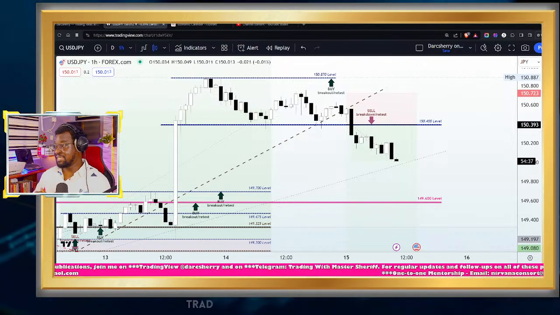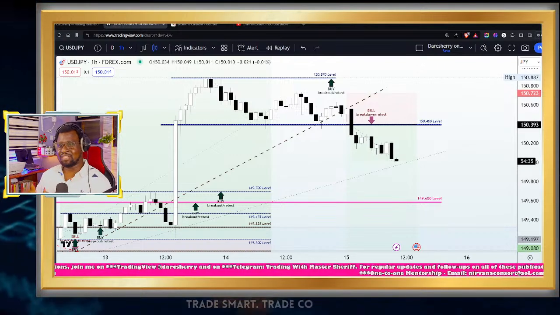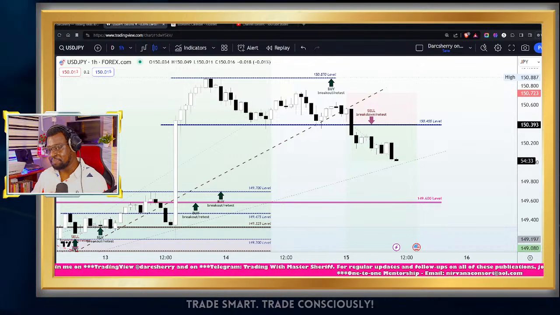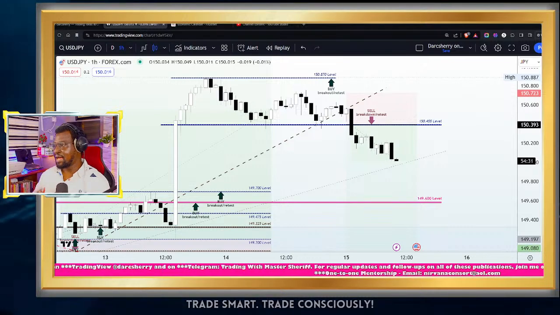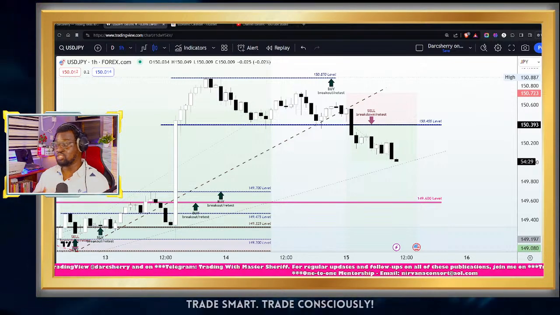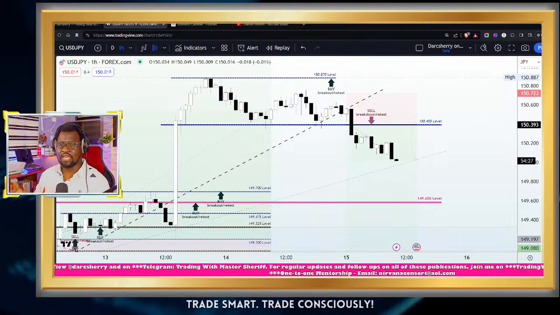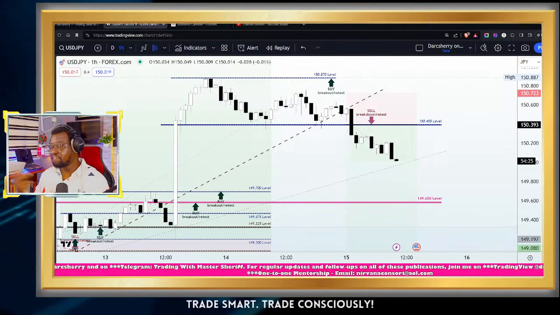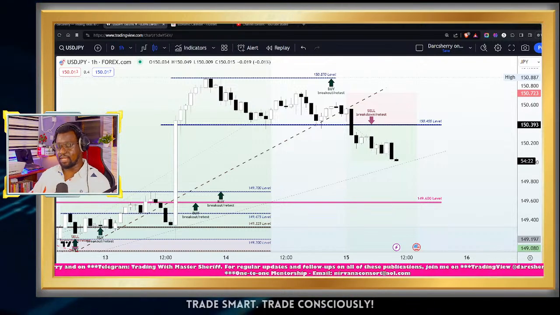The Japanese yen witnessed some buying interest despite a contracting economy, and there are two factors here, both from the fundamental and of course technical perspective.